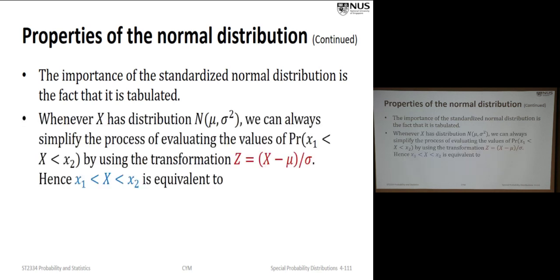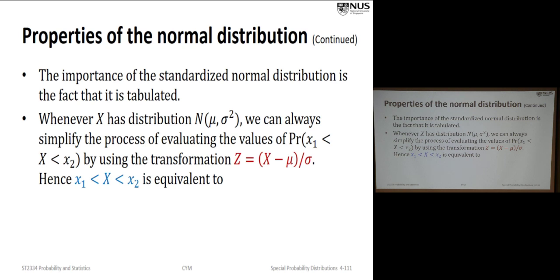Therefore we just need one table that will tell us how the standard normal behaves, then we can compute whatever we want. Of course, if you have a graphic calculator or programmable calculator or computer, it may do the job. But the idea is important.